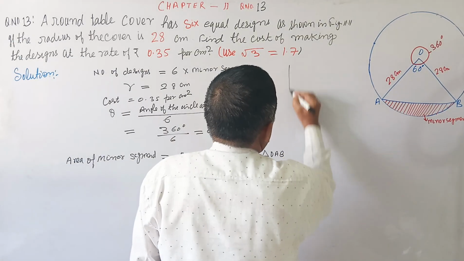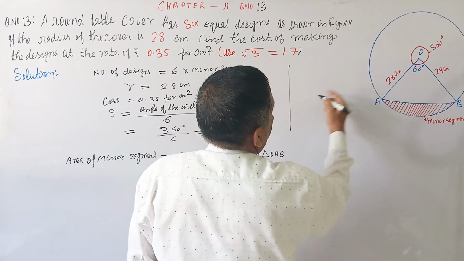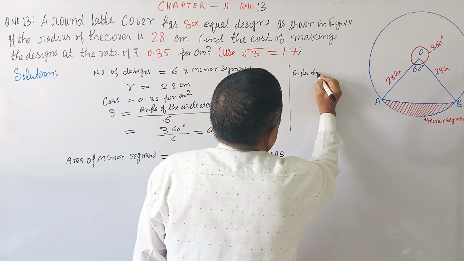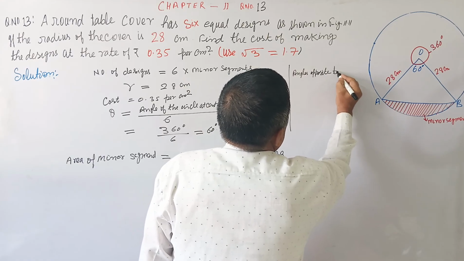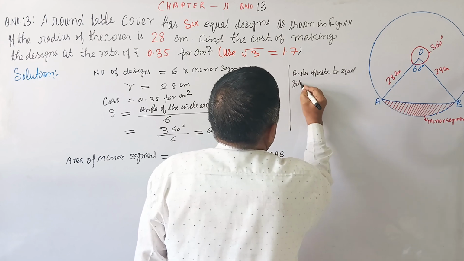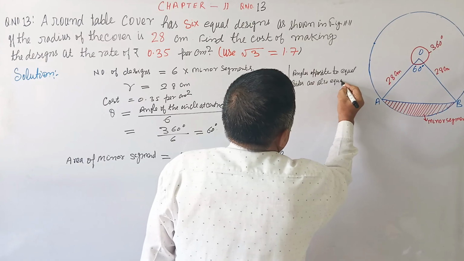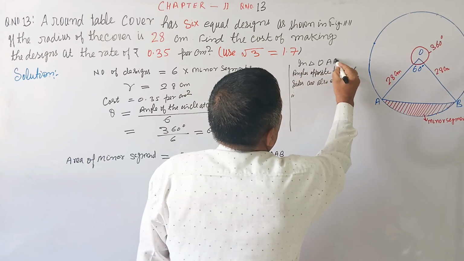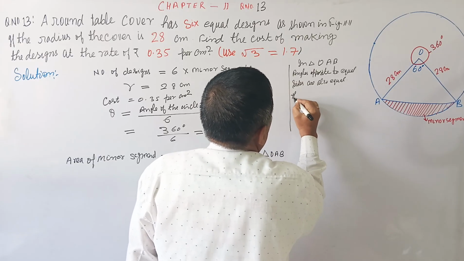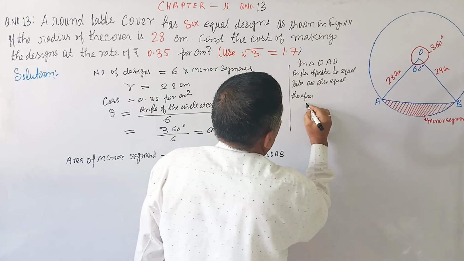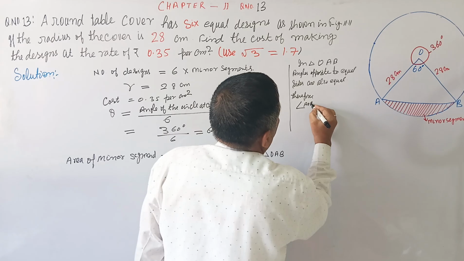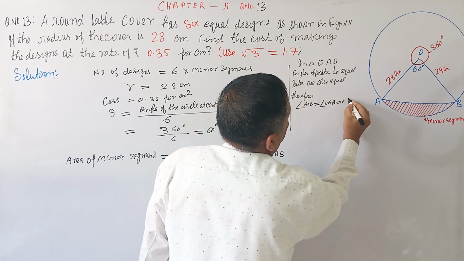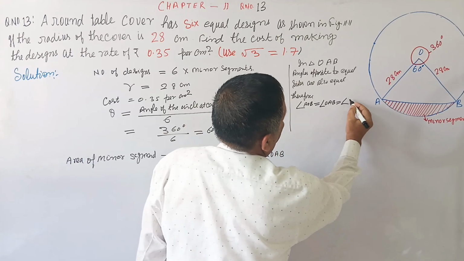Since the angles opposite to equal sides are also equal, therefore angle AOB equals angle OAB equals angle OBA.